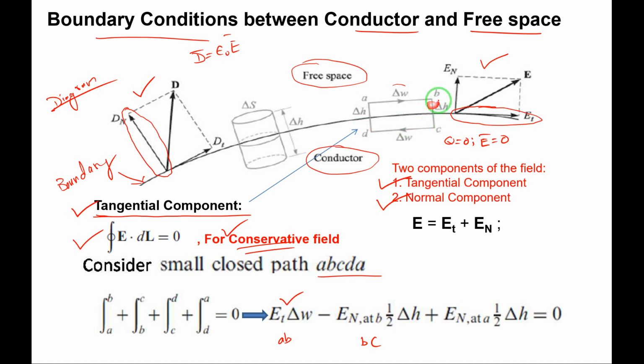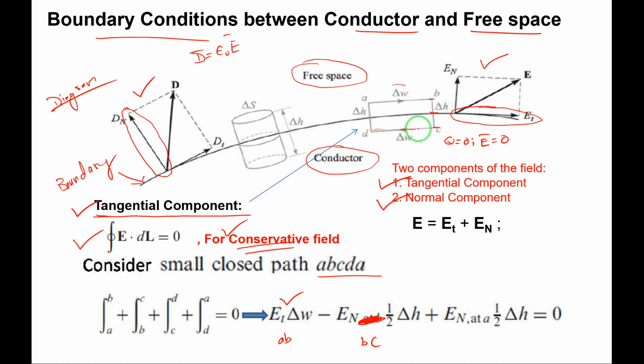I will consider the above part. The distance from here to here is delta H by 2, and from here to here it is delta H by 2. So I will consider only this part: minus En into delta H by 2. This is from path B to C.